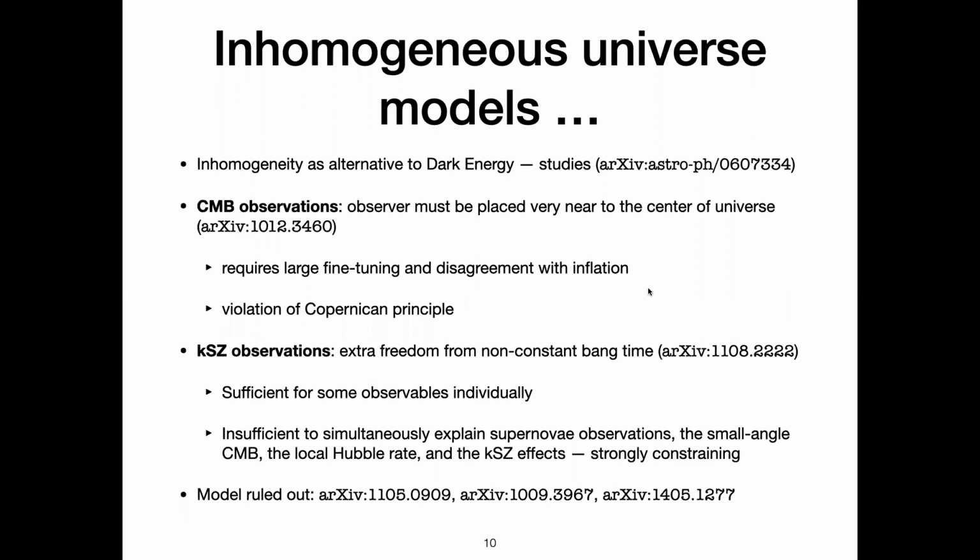Maybe a naive explanation of why inhomogeneous is in disagreement with inflation? Basically, the fact that we cannot match the CMB temperature anisotropies from this model with the ones which are observed directly from the Planck.